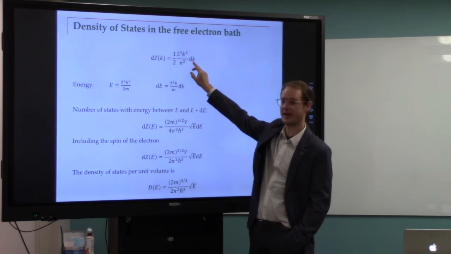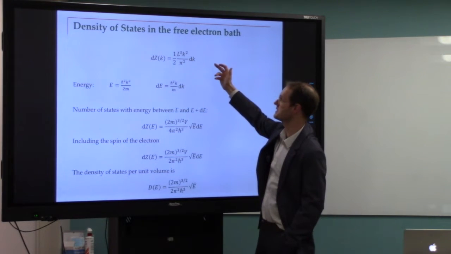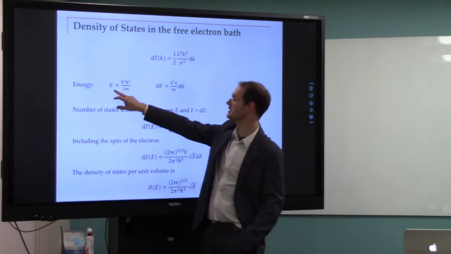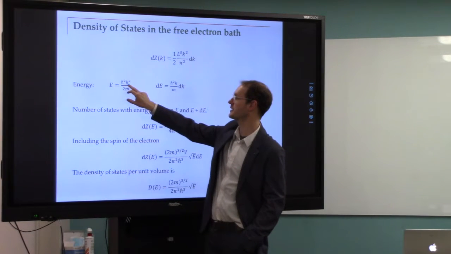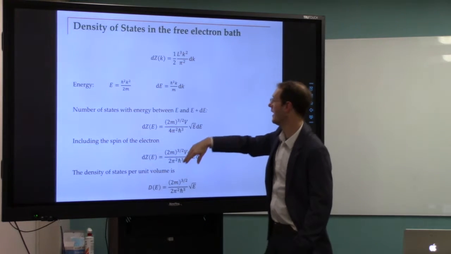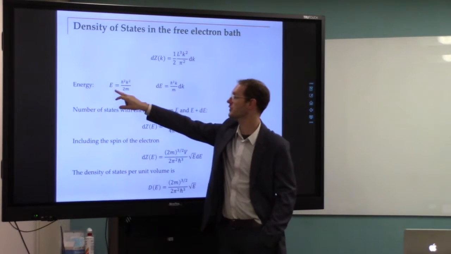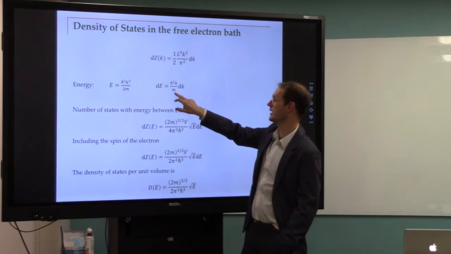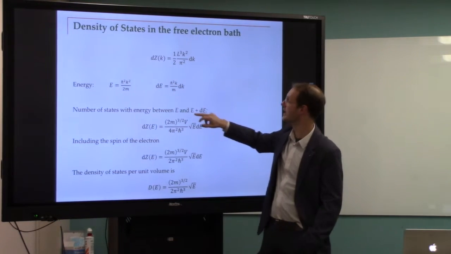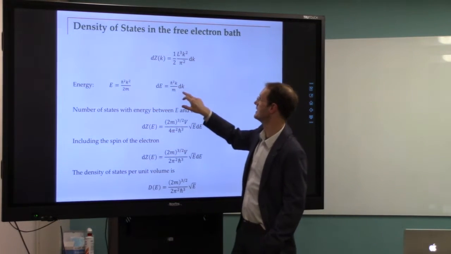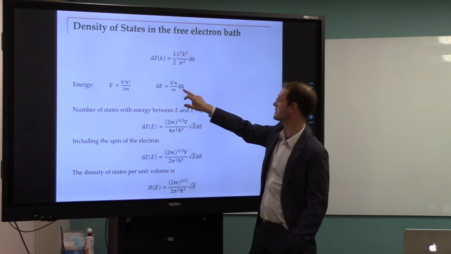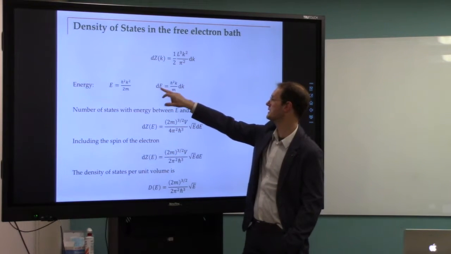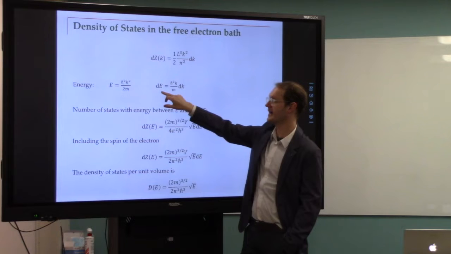How many states per unit k? But what we really want is density of states per unit energy. So we're going to convert that to energy. So the energy, recall, was h bar squared k squared over 2m. And so the differential of energy is just going to be h bar squared k over m times dk. And if you plug these two expressions into this expression here, so solve this expression for dk, you're going to get dE times m over h bar squared k.